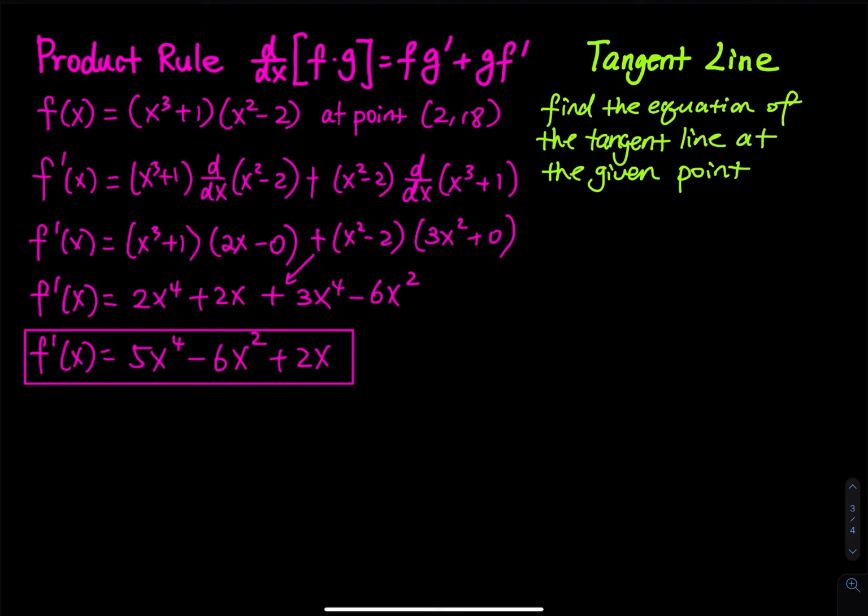So this stands for the slope of f at any x value. If you want any specific point, then you give me an x value, right? So in this problem, I gave you that x equals 2, y equals 18.